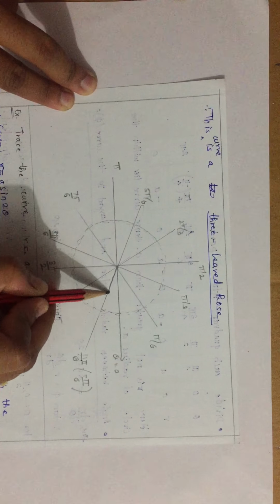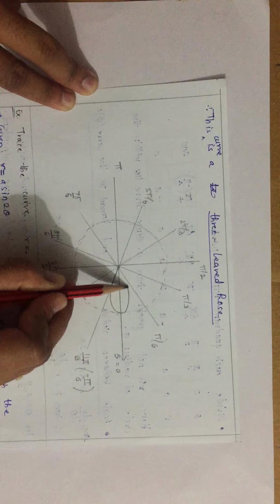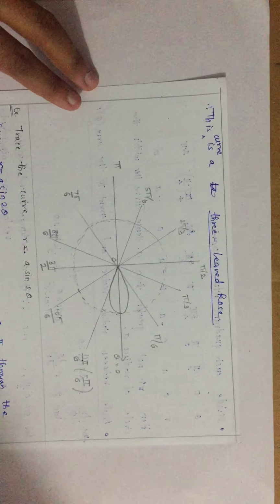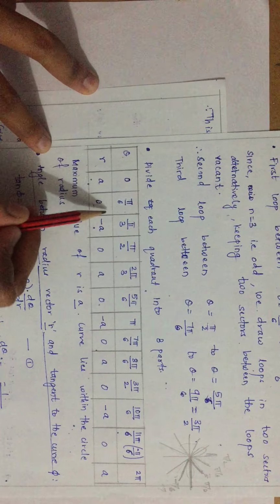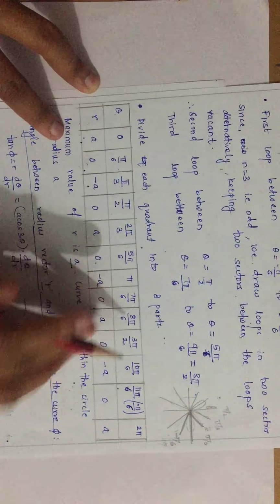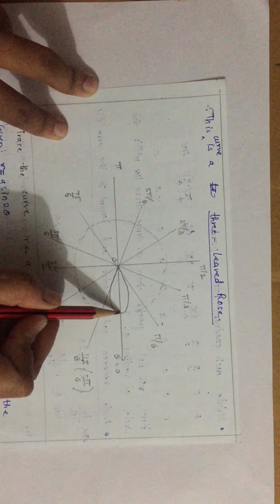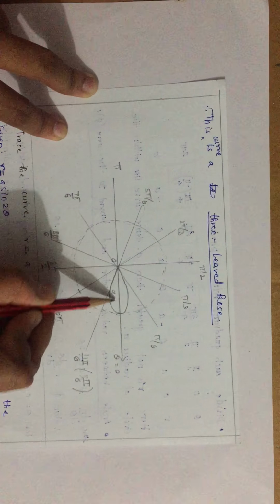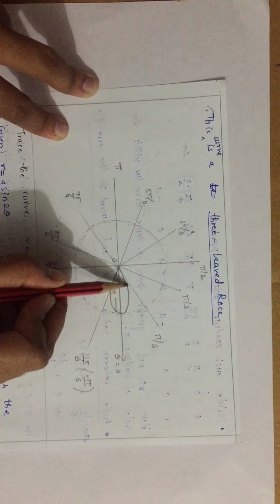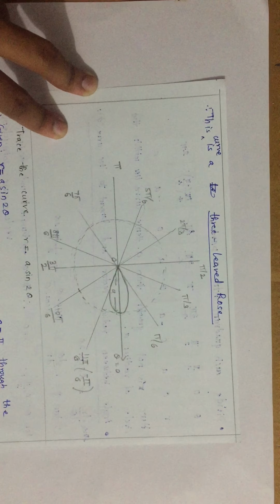So the first loop will go here like this. So obviously if you observe in the table also, at theta equal to 0, r is equal to a, at pi by 6 it is 0, and at minus pi by 6 also it is 0. So at theta equal to 0 this is a, it is getting 0 at minus pi by 6, and it is getting 0 as it goes towards pi by 6.